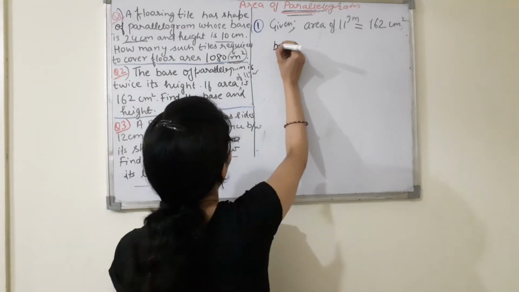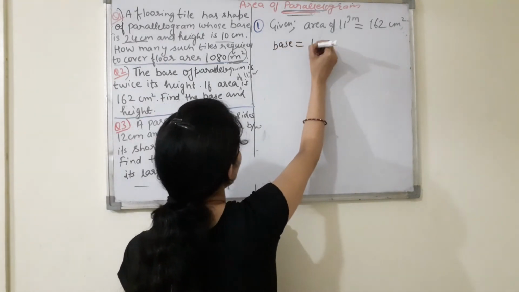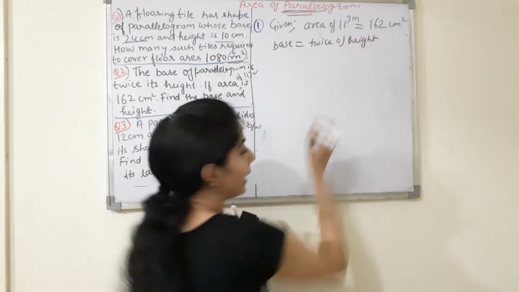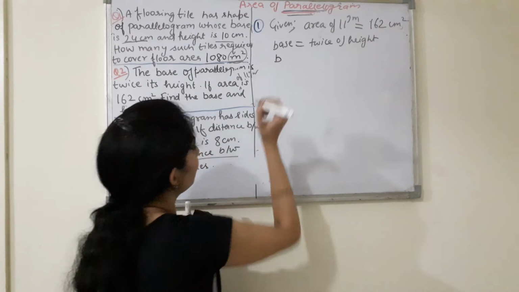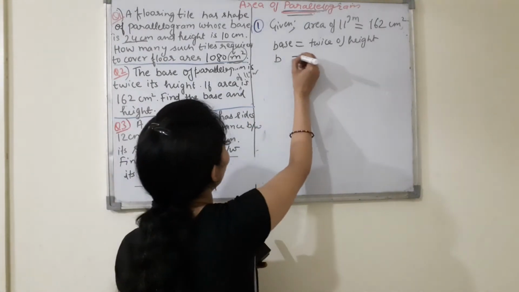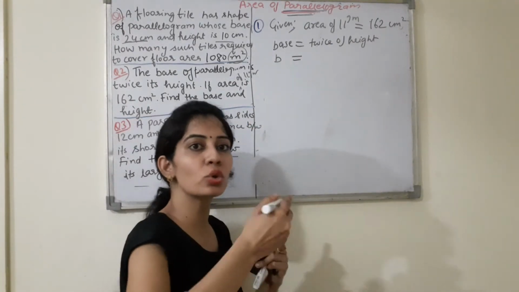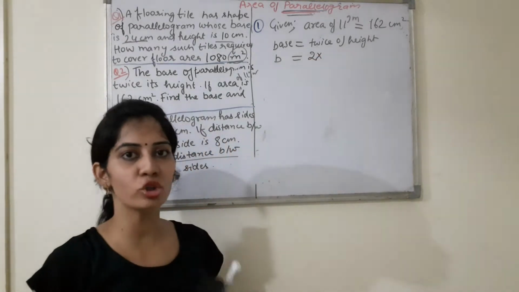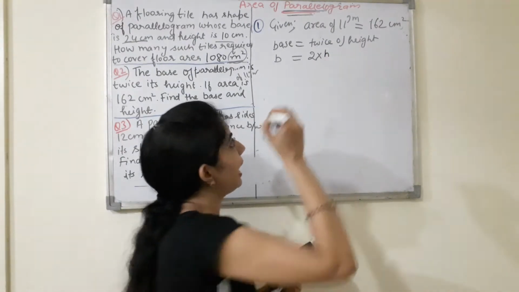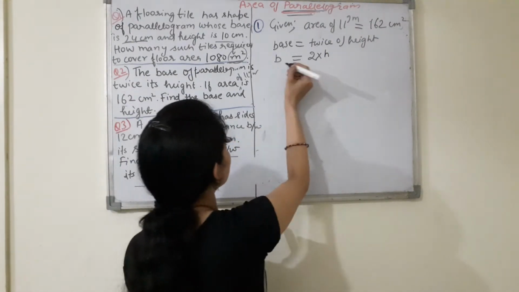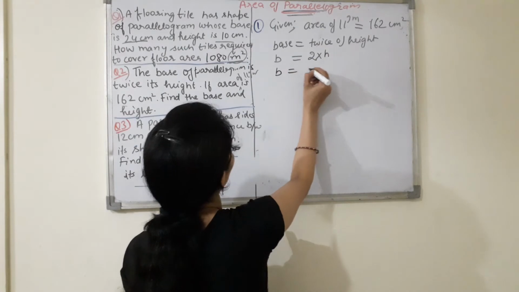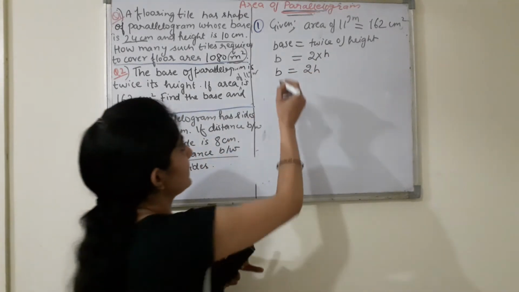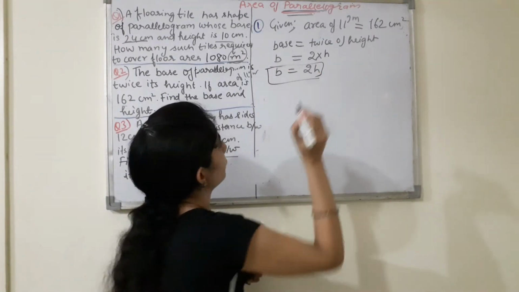Okay, so base is twice of height, right? Now I am writing base as b, short form b. Twice of height means 2 times the height. It means 2 into height, and because height is also not given, I am writing height as small h. So b is equal to 2h, right? Now this is one equation, the first equation.